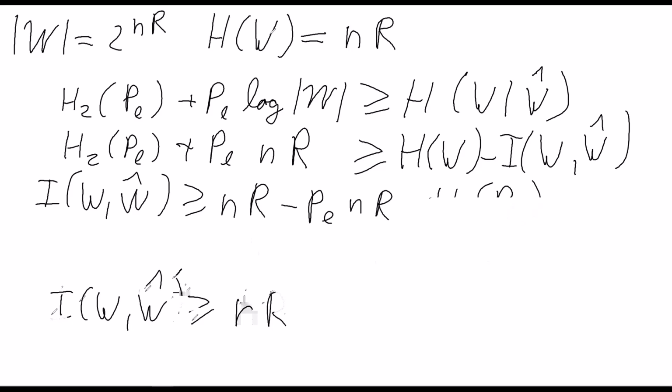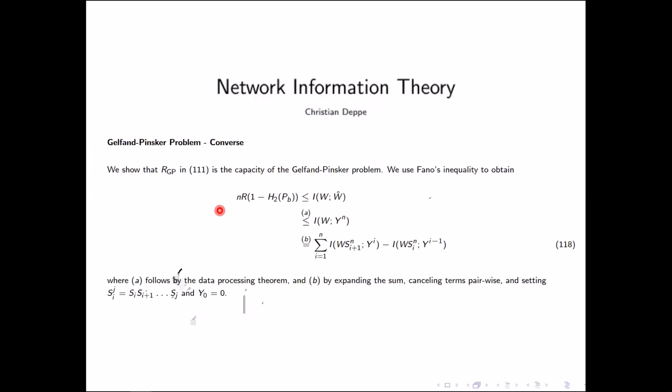Okay, let's go back to the slides again. So here we have already our estimation. Now we apply the data processing lemma. That means the mutual information between W and W hat is less or equal than the mutual information between W and Y^n. Next, this is a trick of Gerhard Kramer from our institute.